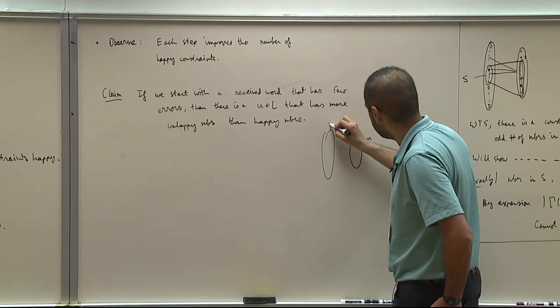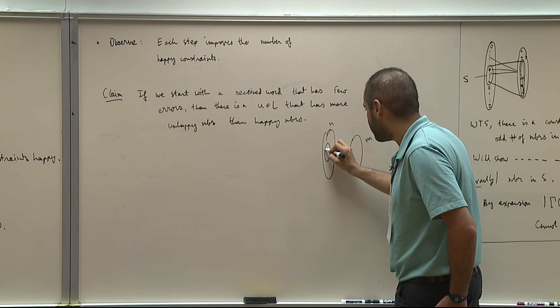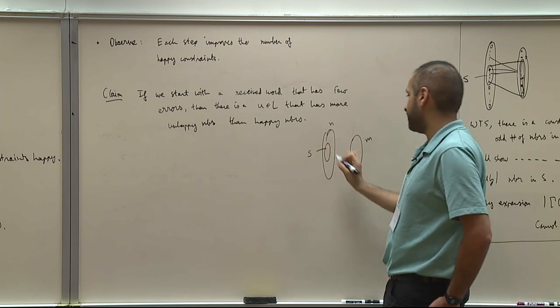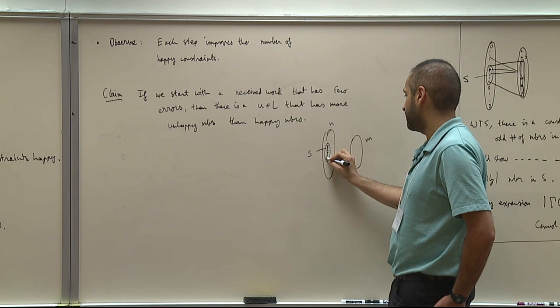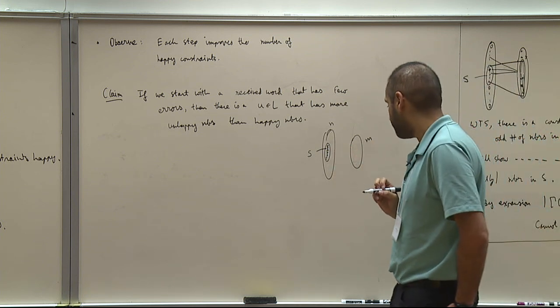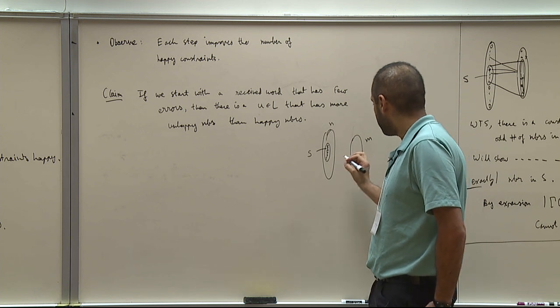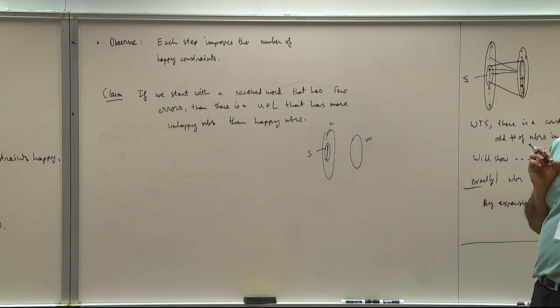This is our M, this is our N. We start off with a small set S of perturbed, a small set of corruptions. Why is there a vertex which has more unhappy neighbors than happy neighbors?